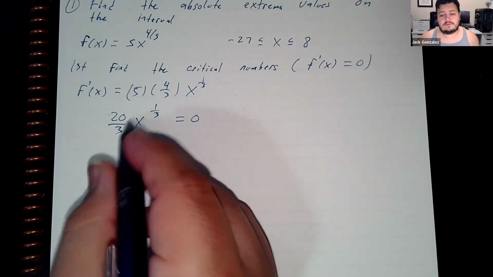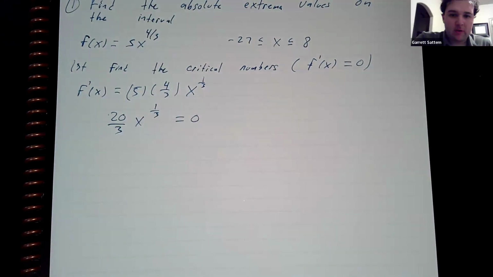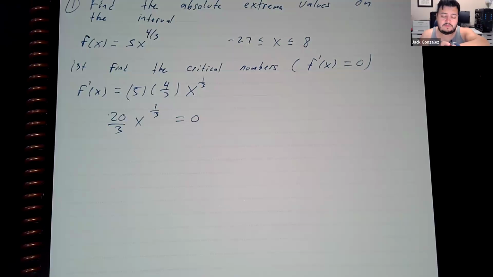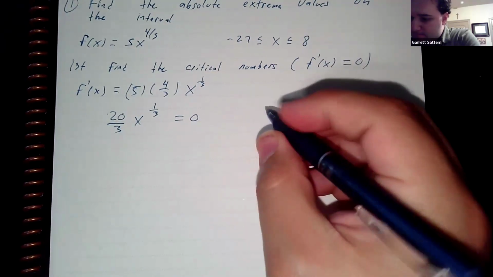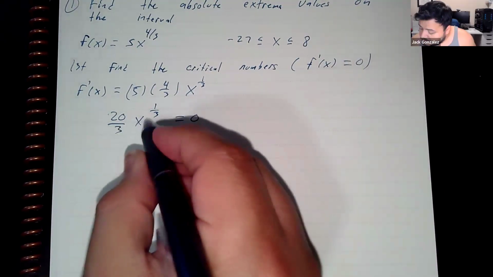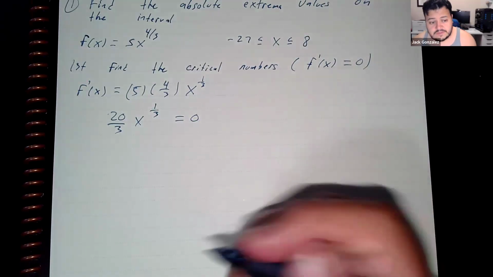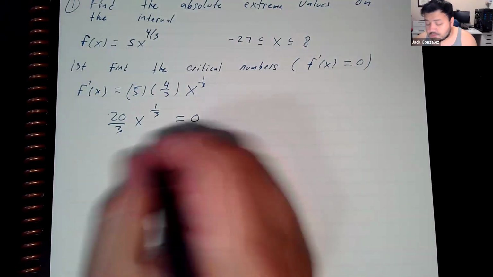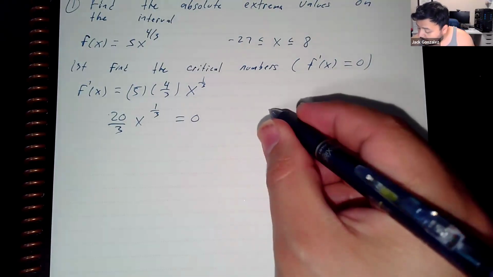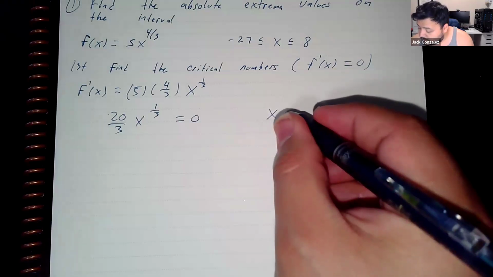What x value makes this 0? You can try to solve it, but it's pretty clear if you think about it, right? If I plug in 0, 0 times this is 0. I don't see any other way to make this 0. But of course, you can try to solve it. That's what you should do.